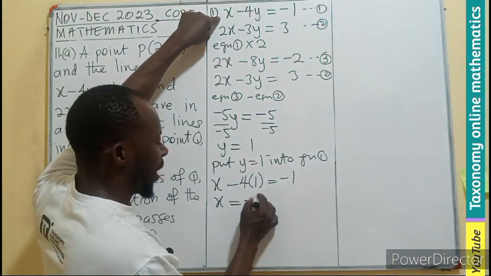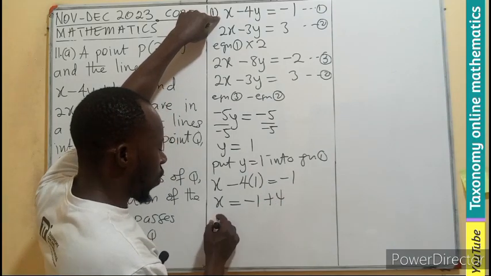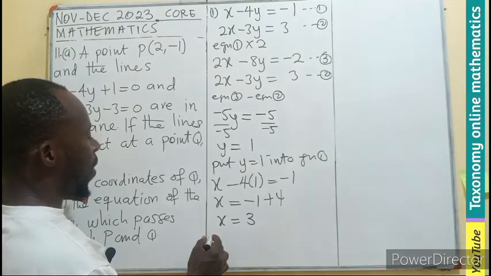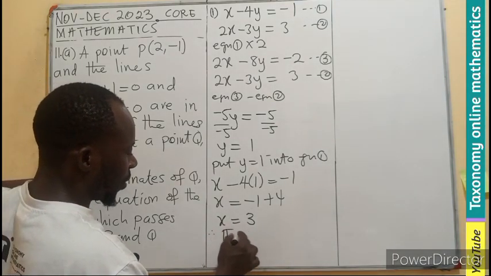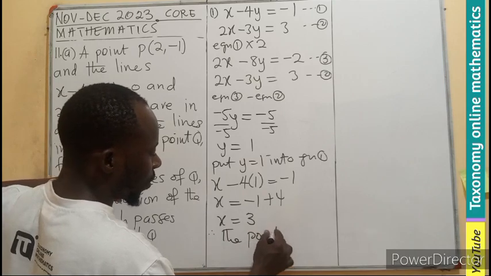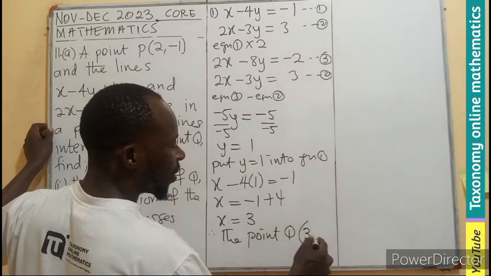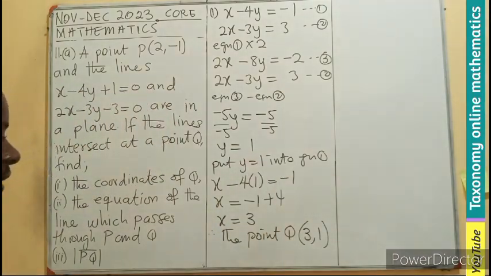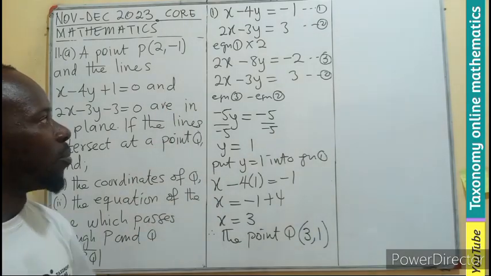So x minus 4 equals -1, which becomes +4. So your x will be equal to 3. Therefore, the point Q is (3, 1). So that's the coordinate of the point Q. Their intersection gives us the point.